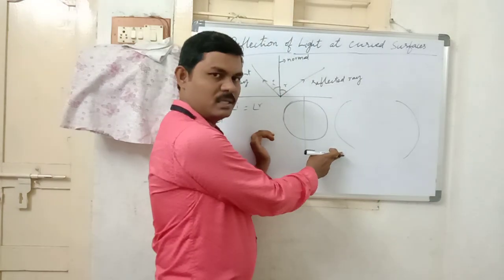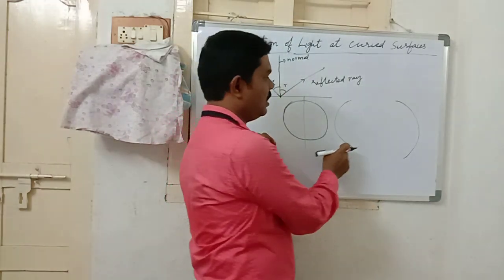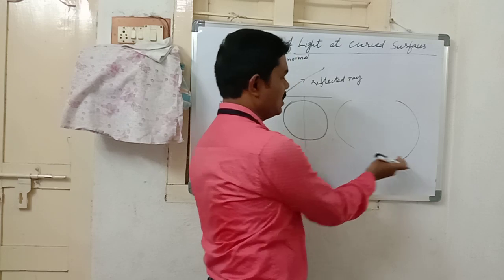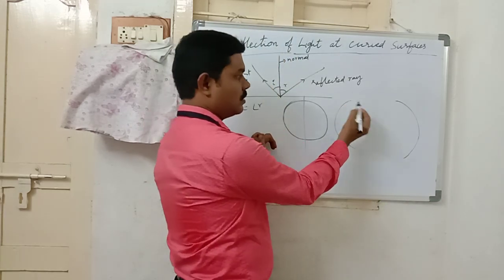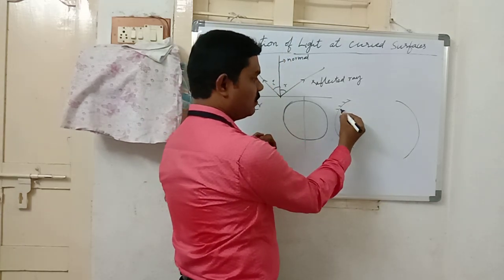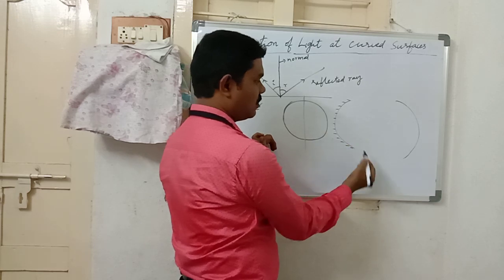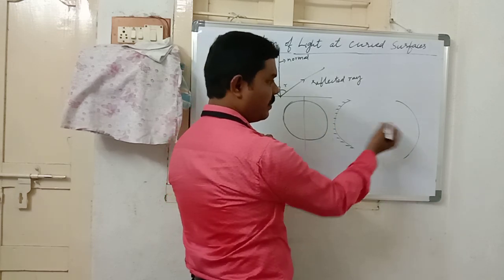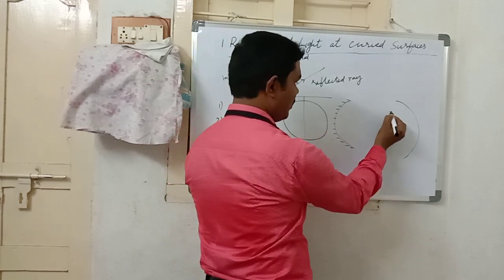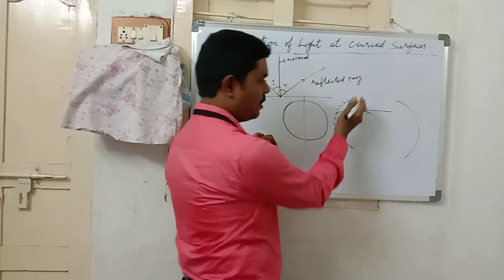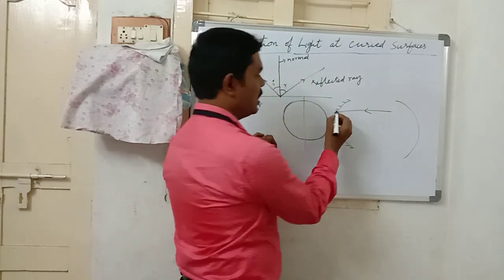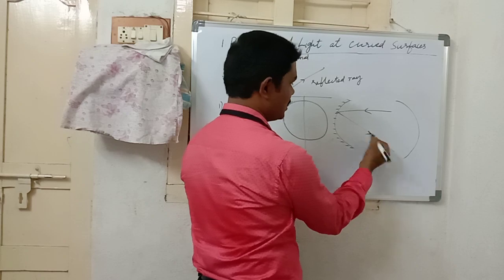Here this is one curved surface and this is another curved surface. Here, if you paint the outward part and keep the inward part as the reflecting part, that means if light rays fall on the concave mirror, they will be reflected back like this.